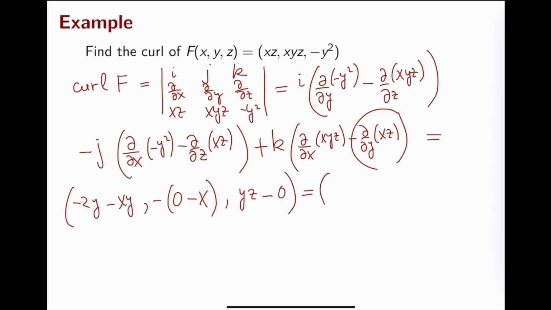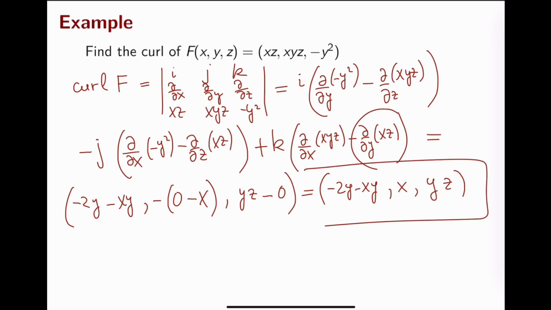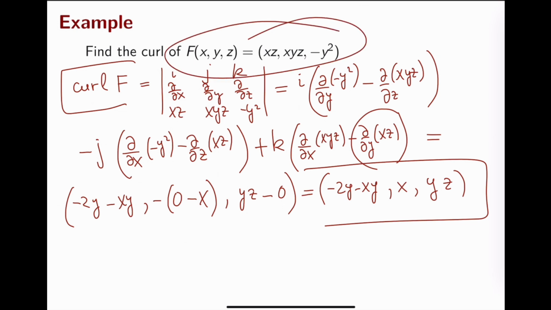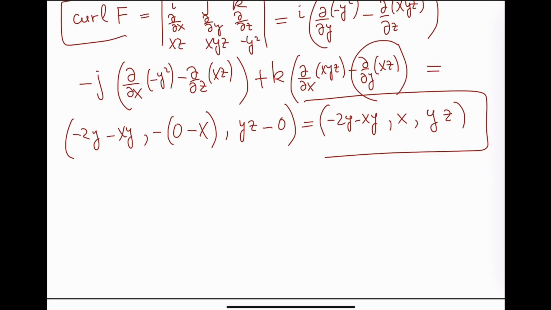And so the vector is minus 2y minus xy, comma, this is minus minus x, this is just x, comma, and this is yz. So this vector field then is the curl of this other vector field.